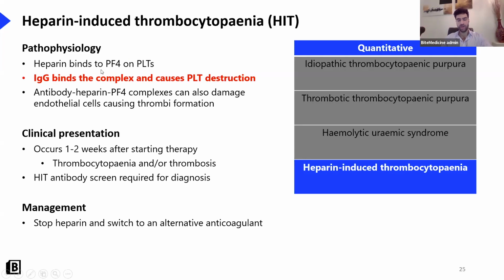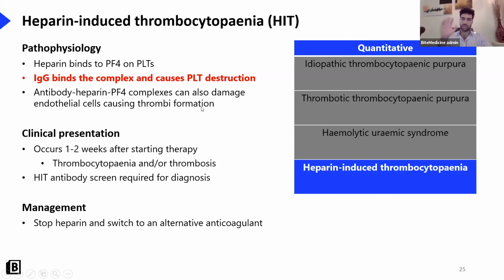You then have IgG, which binds the heparin platelet factor 4 complex and causes platelet destruction. The antibody heparin platelet factor 4 complexes can also damage endothelial cells and paradoxically cause thrombi formation.